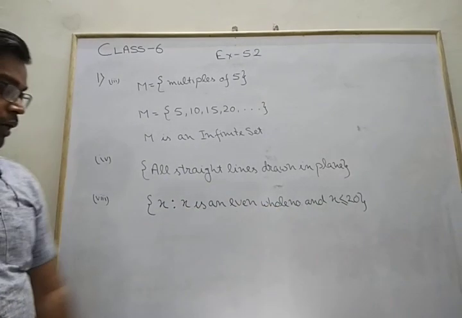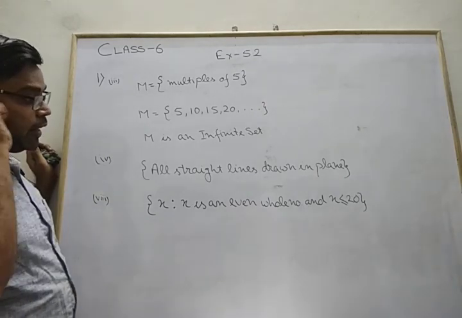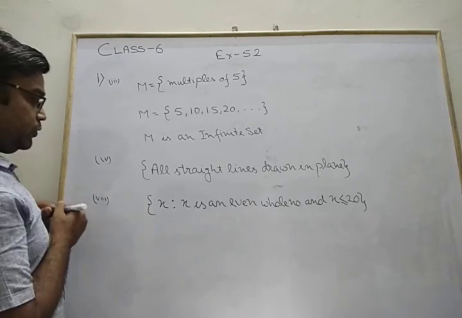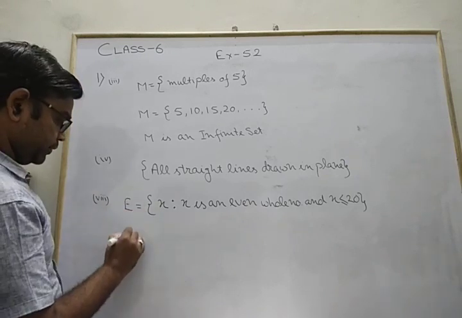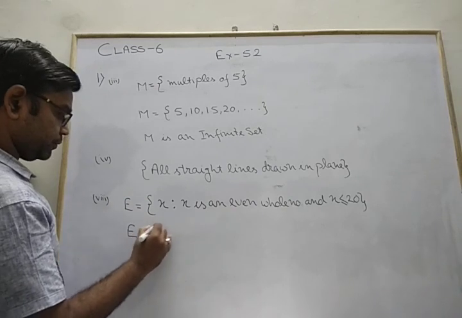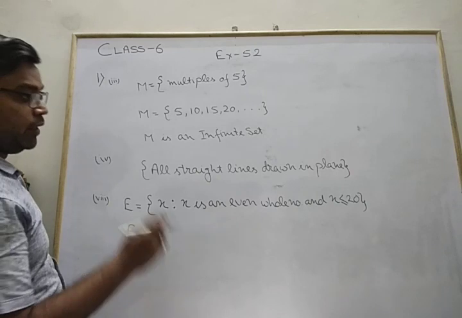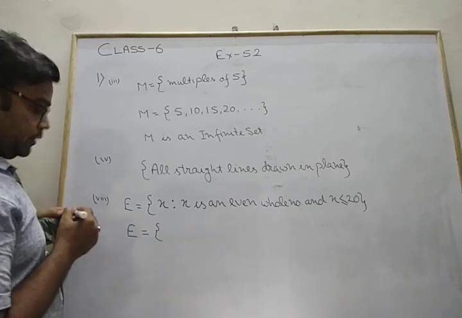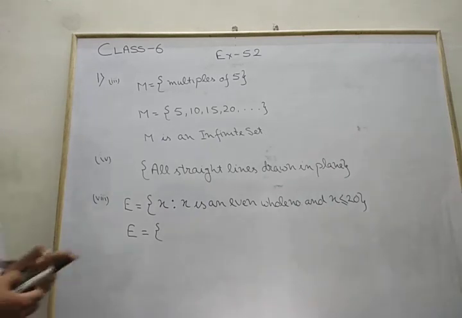So in this case, how do you find this? It's a question of even as well as whole numbers. So give the name of the set. In this case, I am giving the letter E. So E equals, how many even whole numbers do we have up to 20? Is 2 an even whole number or not?